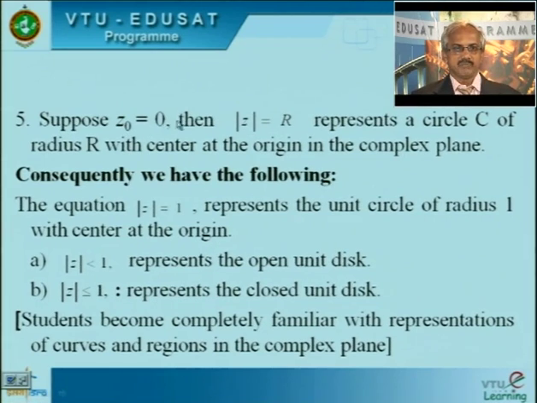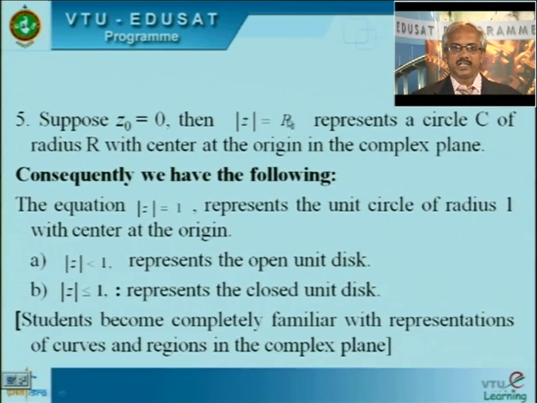If z0 becomes 0, then this represents a circle of radius r with the center at the origin in the complex plane. And from this we can have the following consequences.